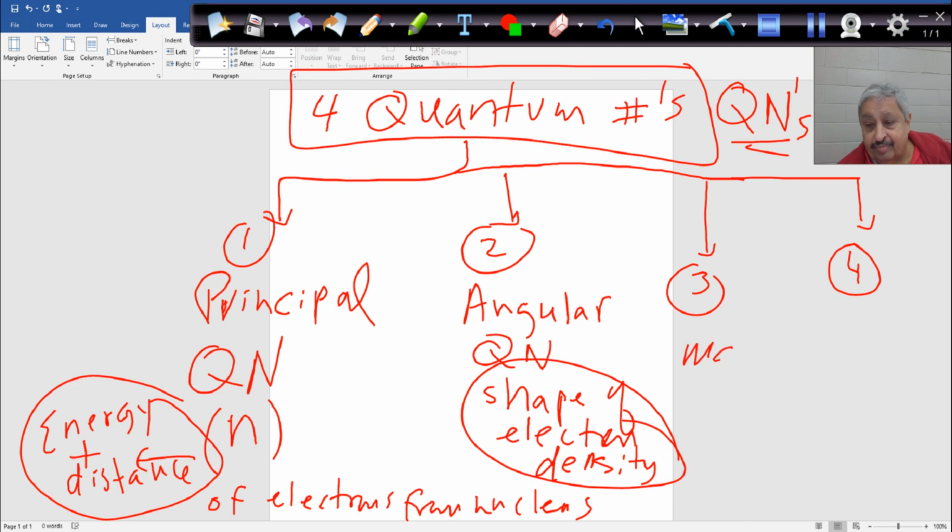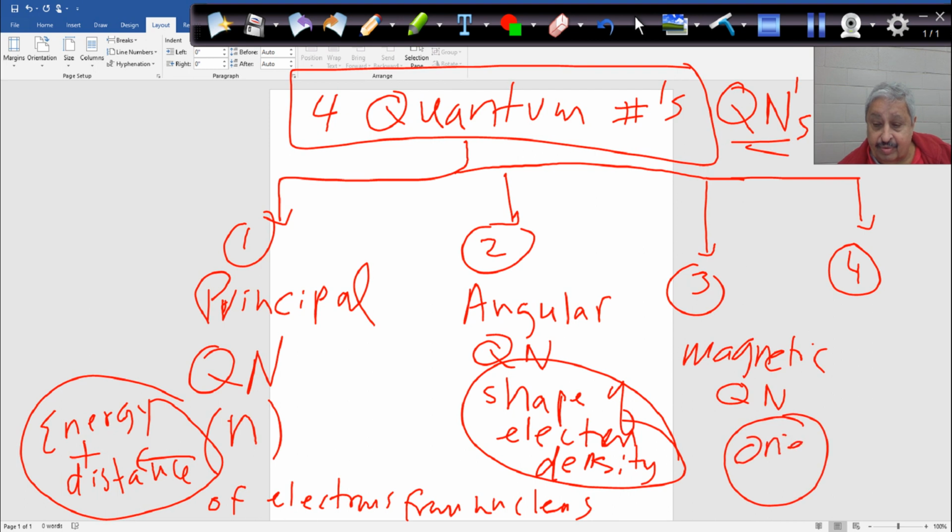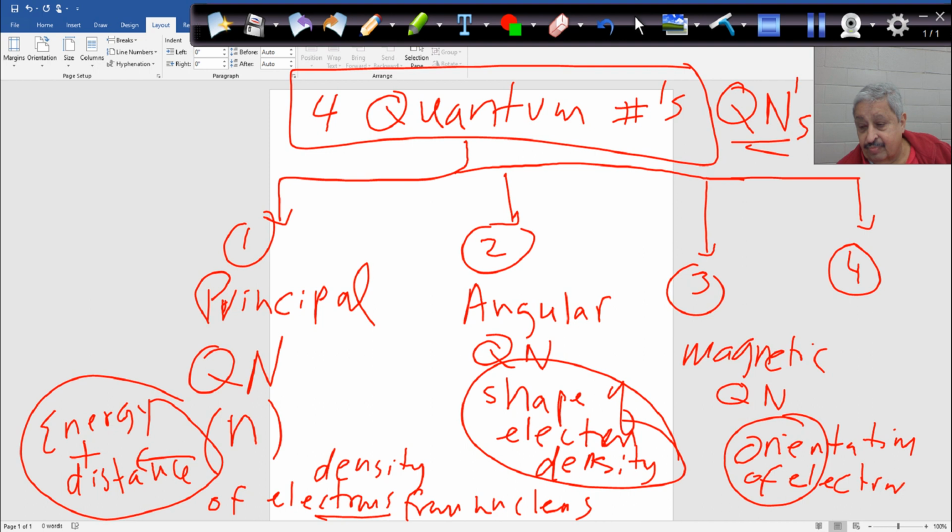And the magnetic quantum number gives us the orientation of this electron density. When I say electron here, it means electron density all the time, relating to the nucleus all the time. It's always the shape of electron density moving around the nucleus itself.